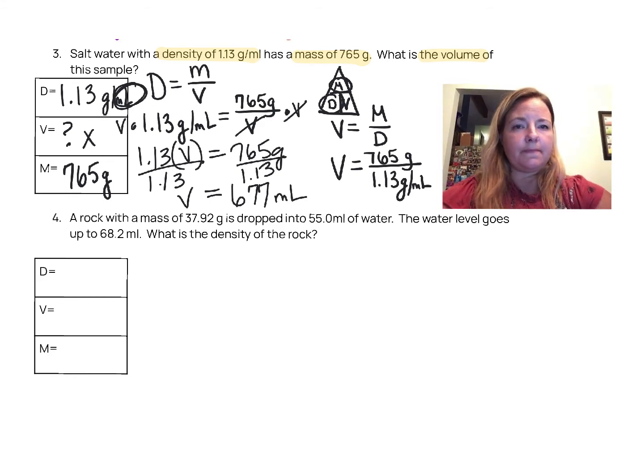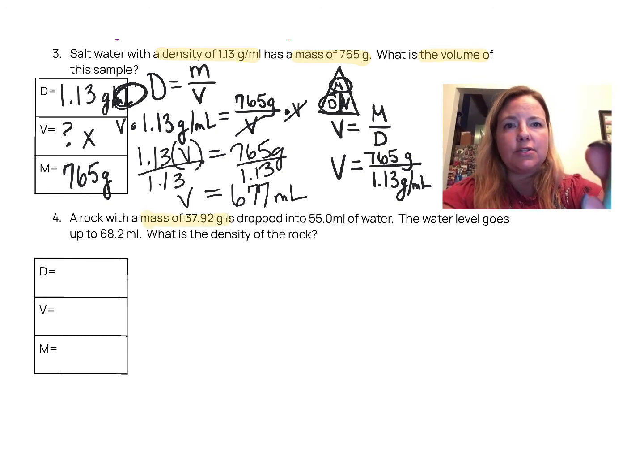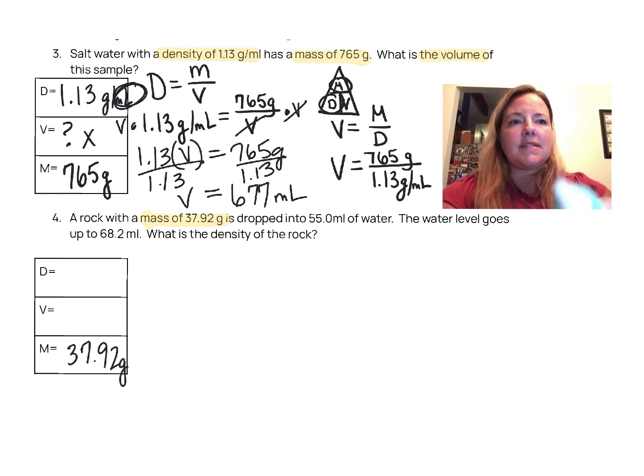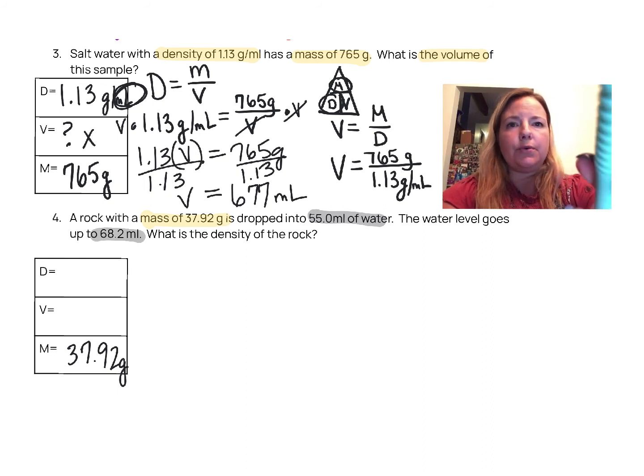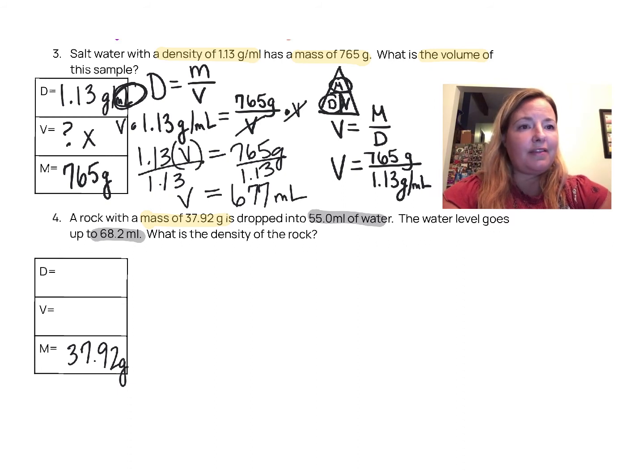For the next problem, I have a mass of 37.92 grams. So I'm going to go ahead and fill this in. It says that I'm dropping it into 55 milliliters of water, and the water level goes up to 68.2. So this is a displacement method to find the volume.